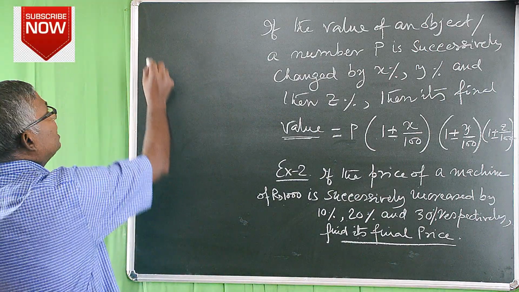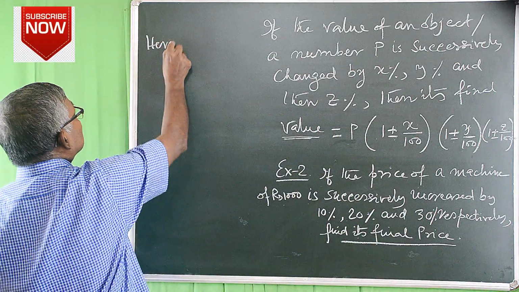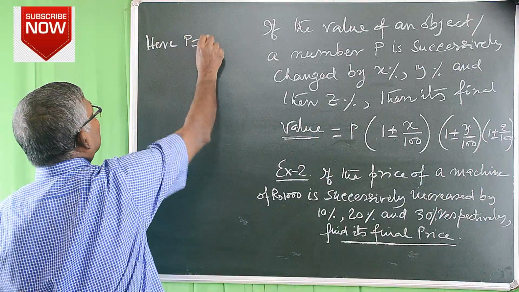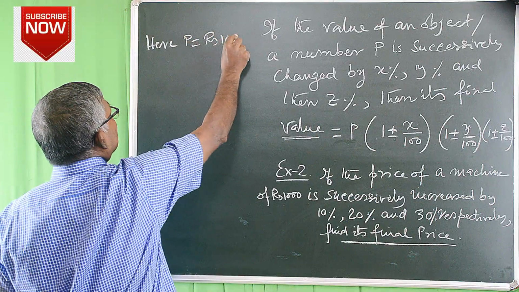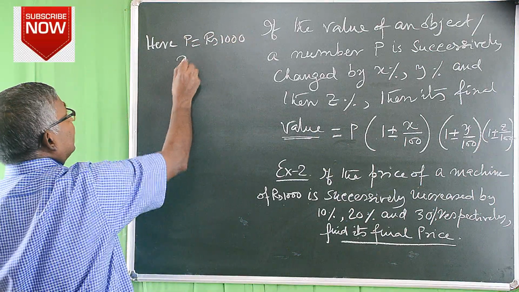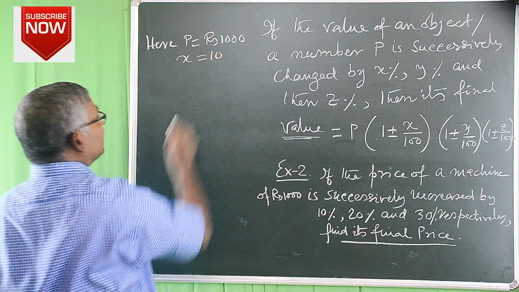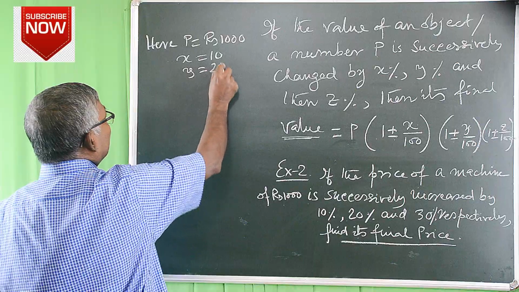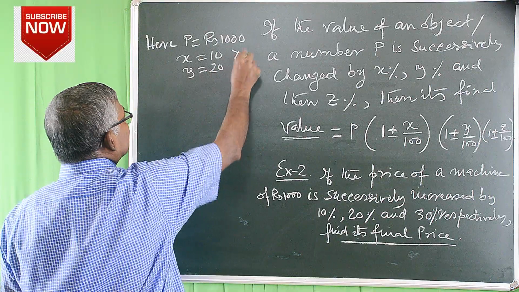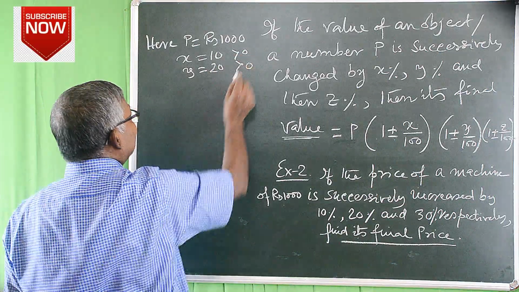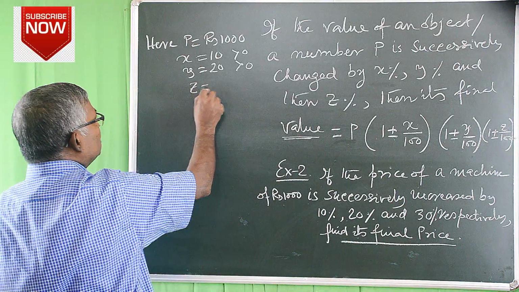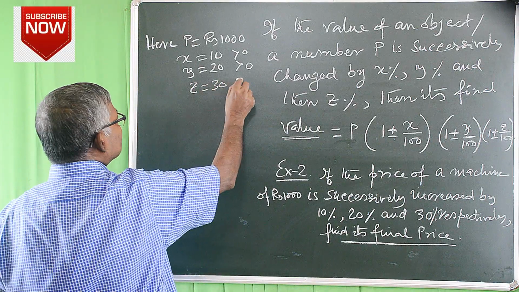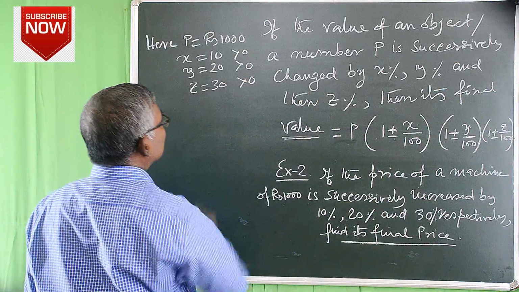Students, here P equal to rupees 1000, x equal to 10%, y equal to 20% is greater than 0, increased in every case, and z equal to 30%, it is also increased.